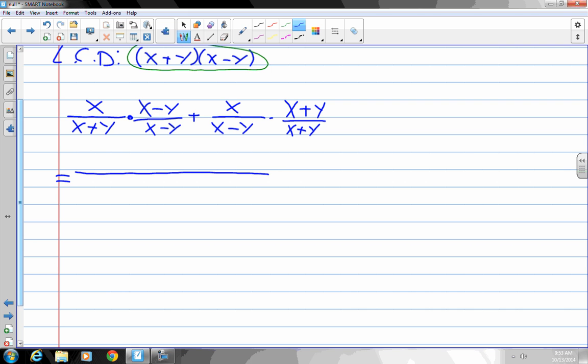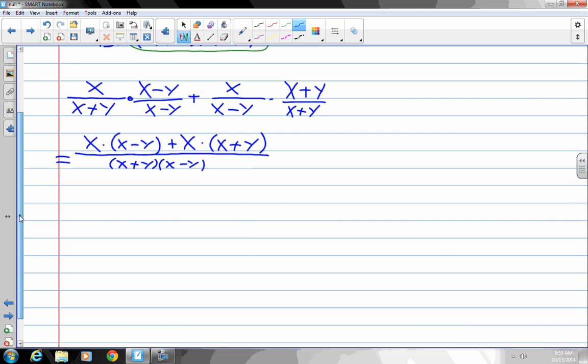If I put this all together, they already have the same denominators, right? The denominator is x plus y, x minus y. And in the numerator we have x times x minus y plus x times x plus y. You want to keep your denominator factored until the very end because you hope to reduce your fraction, and you reduce your fraction when things are factored.